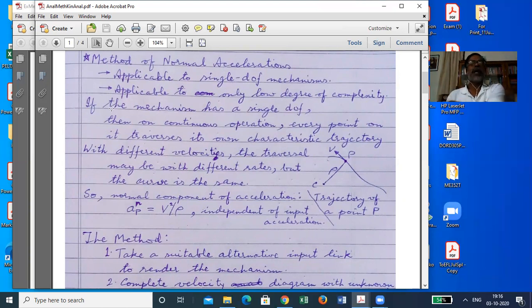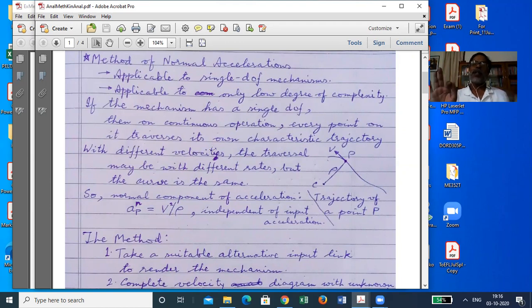See, if the mechanism has a single degree of freedom, then while you continuously operate it, every point on every link of the mechanism would traverse its own characteristic trajectory. Continuous operation does not have to be on full cycle, but even over a little extent.